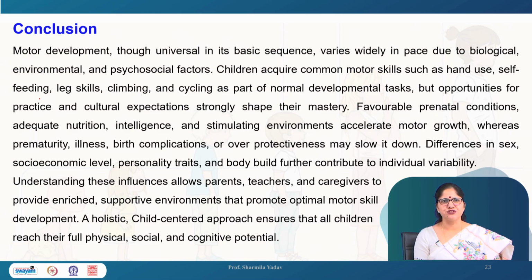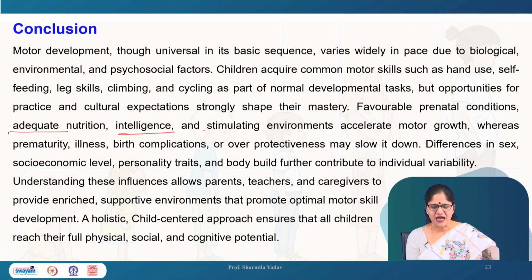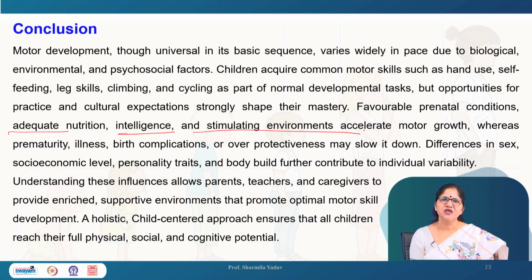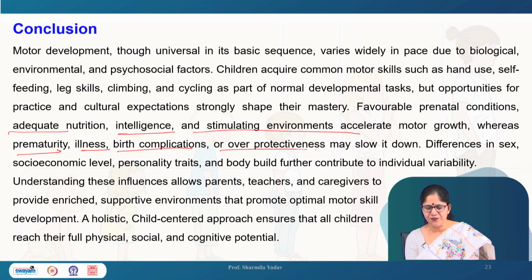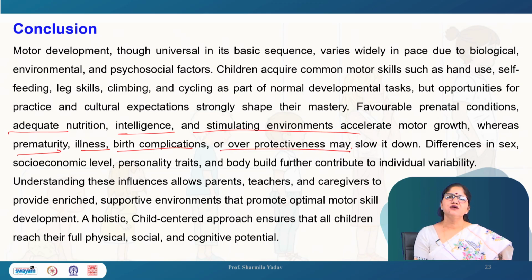Favorable prenatal conditions, adequate nutrition, intelligence, and stimulating environments accelerate motor growth, whereas prematurity, illness, birth complications, or overprotectiveness may slow it down. Differences in sex, socio-economic level, personality traits, and body build further contribute to individual variability.